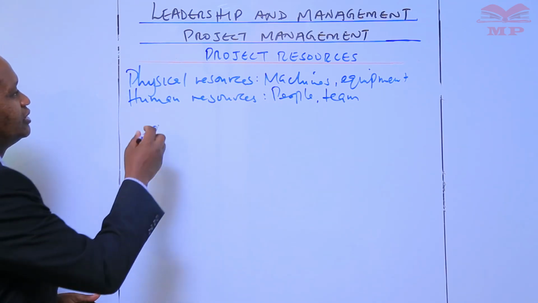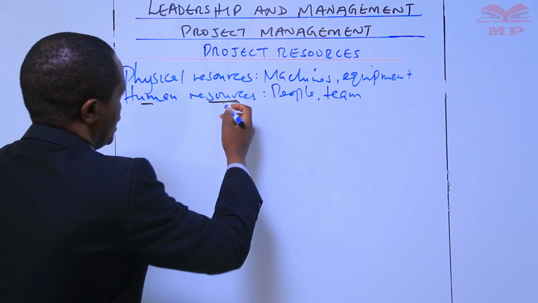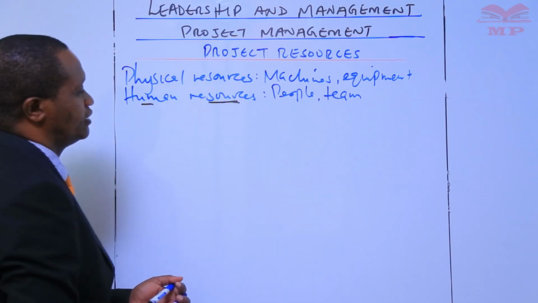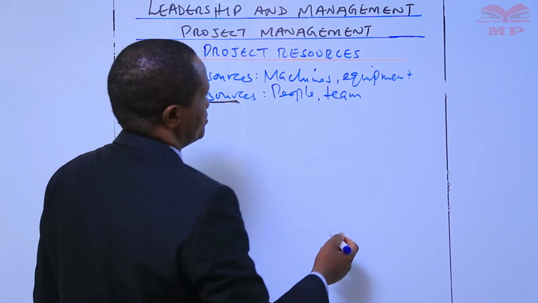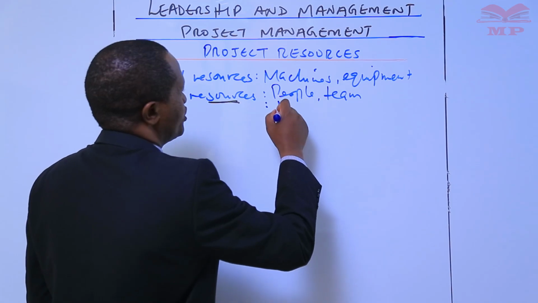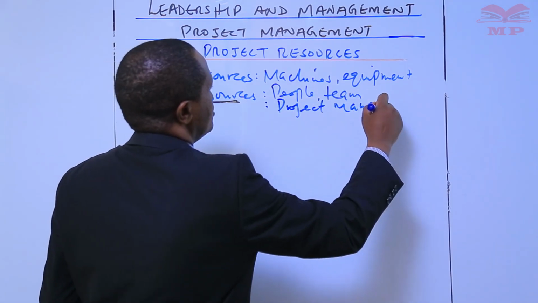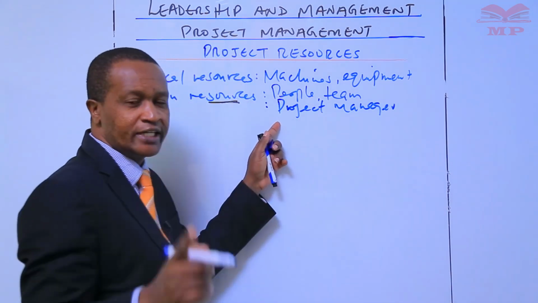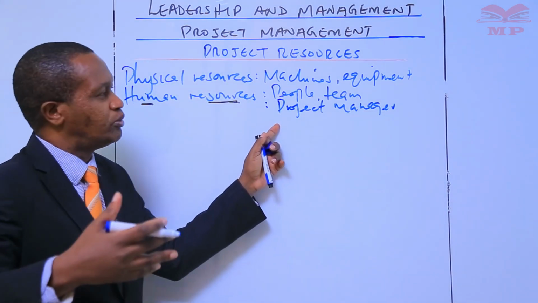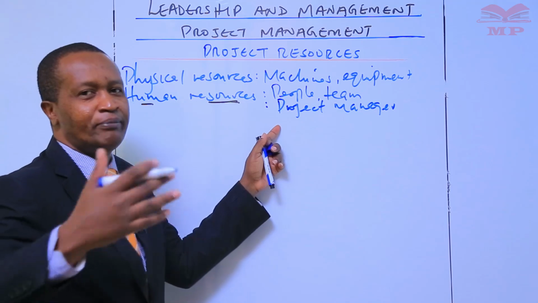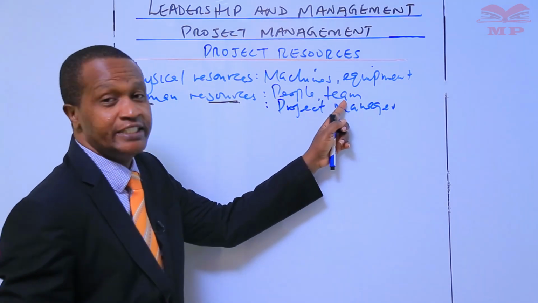Human resource, as I've said, comprises the team members, the project team, and also the project manager, who should be both a leader and a manager of the project team.